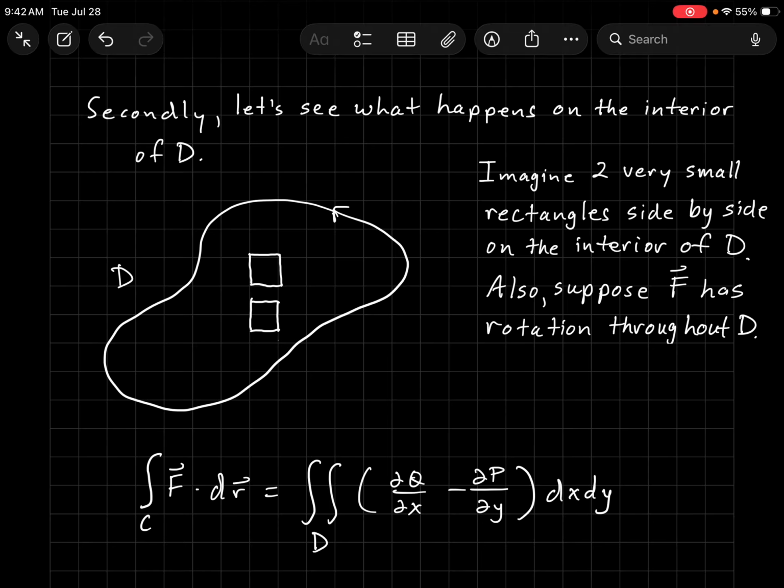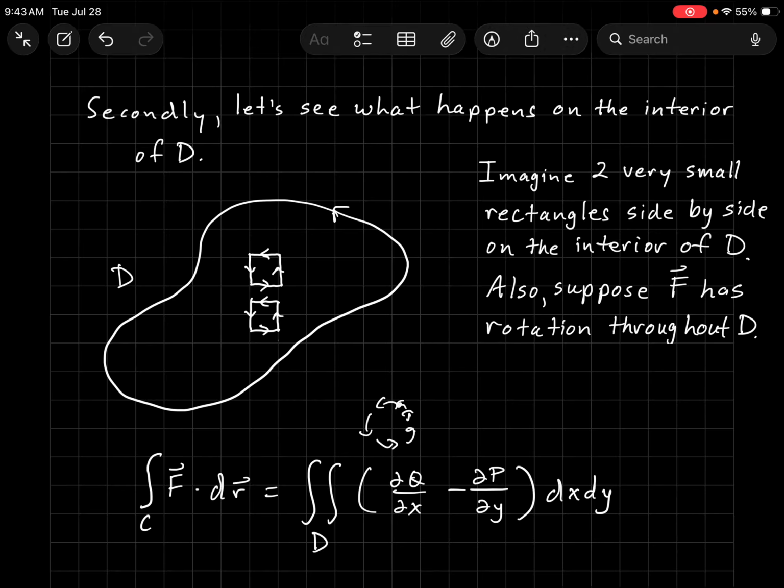And also imagine that we have this internal rotation going on throughout my region D. So we're rotating, just like this. You might say, well, they're not all rotating exactly like that close by. Well, they are if things are small enough, okay? So we have this rotation.